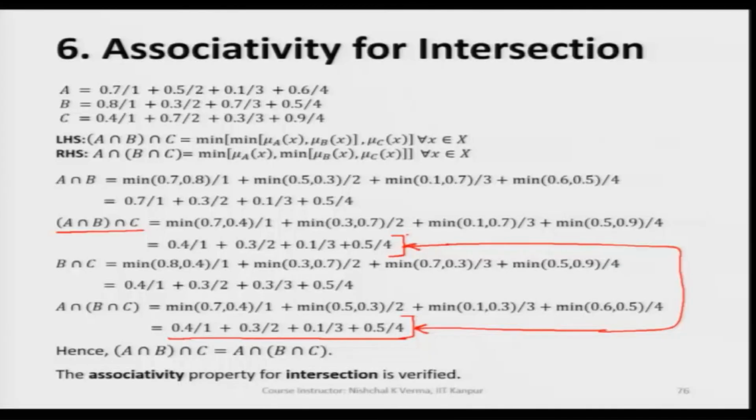So, if we take the intersection of A intersection B and C, and the intersection of A and B intersection C, both are equal. This way, the associativity property for intersection is verified for the discrete fuzzy sets also, and we understand that it is satisfied for fuzzy sets.